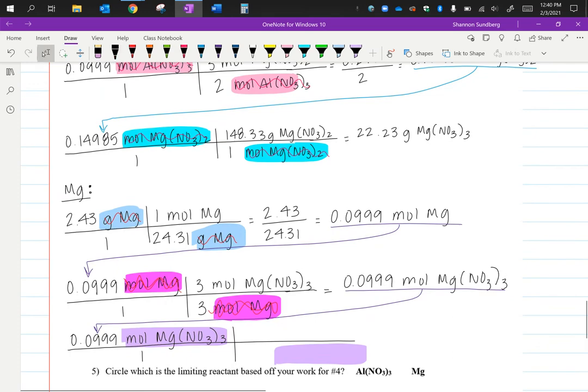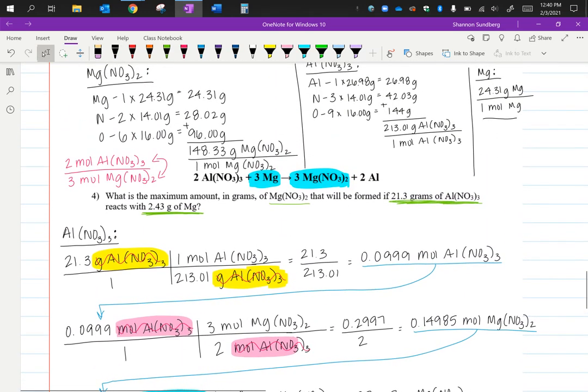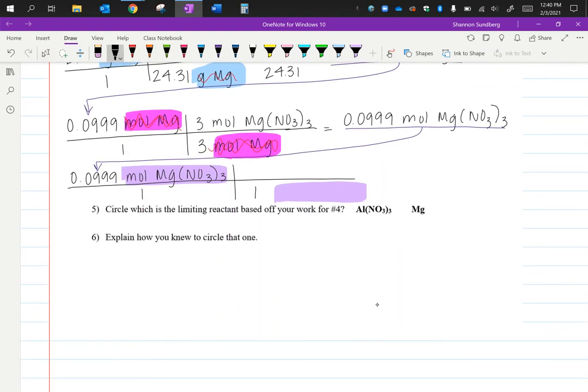So if I look up at this T-chart, or I could go all the way back up to my work, okay, it's 148.33 grams per 1 mole. So 1 mole MgNO3 is equal to 148.33 grams of MgNO3.